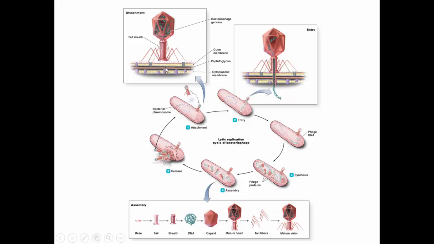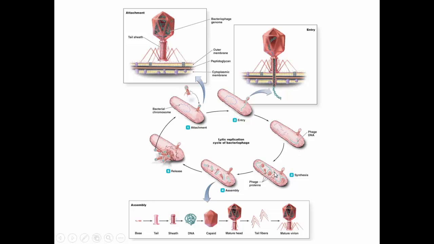It's going to attach to the cell surface, and it injects its DNA into the host cell. So now we have the bacterial circular chromosome and this DNA, which is from the virus. Notice the first thing that happens is the bacterial DNA becomes destroyed, leaving this as the only DNA to control cell activity.